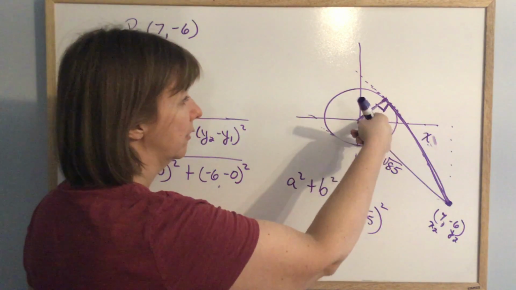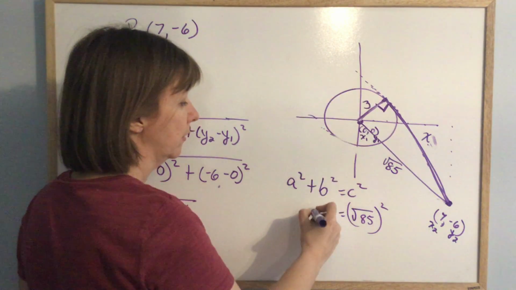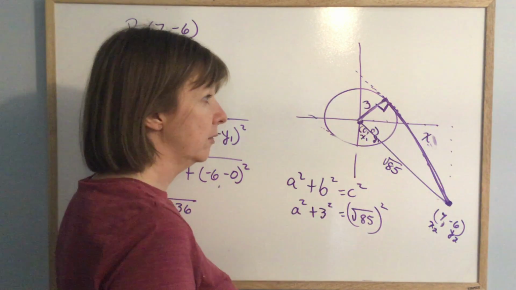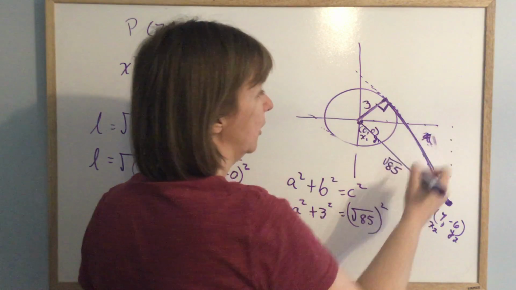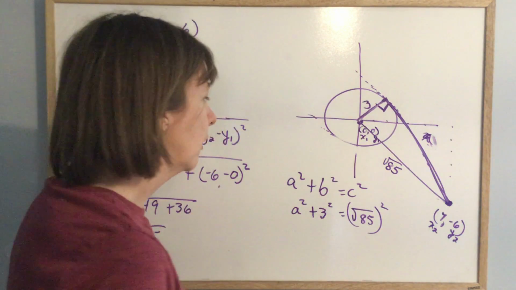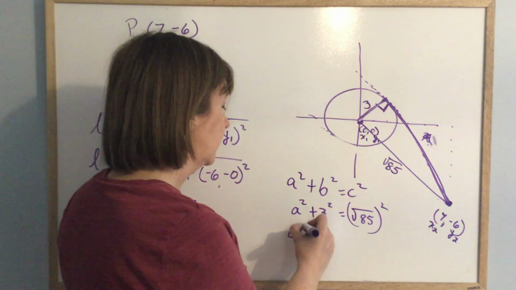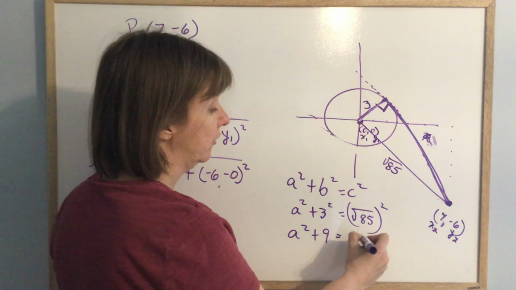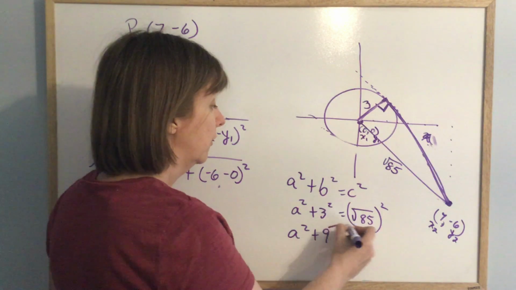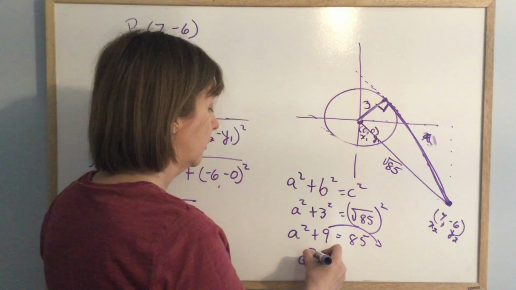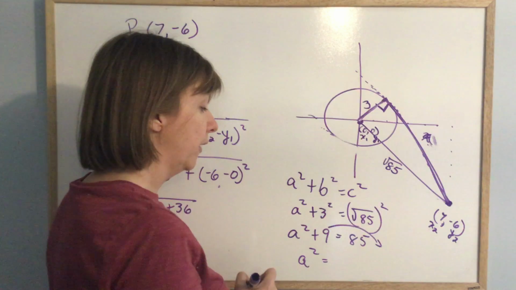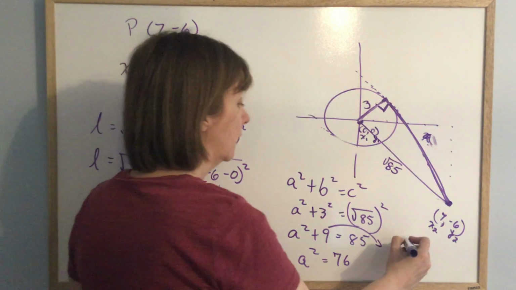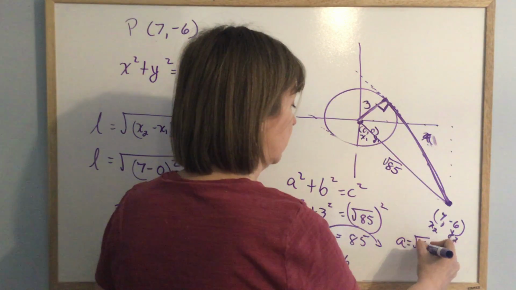One of these, doesn't matter, is 3, so 3 squared. And I'm looking for a squared. We can call it x, we can call it a, it doesn't really matter. So a squared plus 9 equals root 85 squared, which is just 85. So a squared is 85 minus 9, which is 76. So a is the square root of 76.